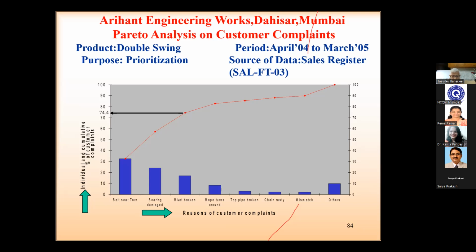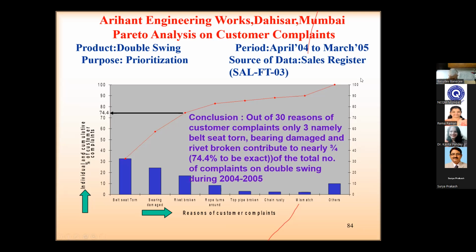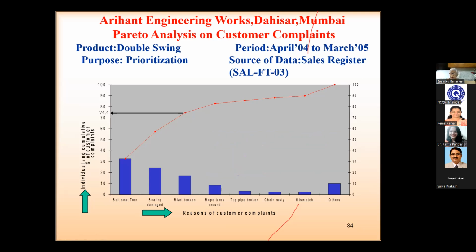Kavita? Shamir? Any of you can help in concluding? Here it says that out of 100%, 74% is contributed by the first three.